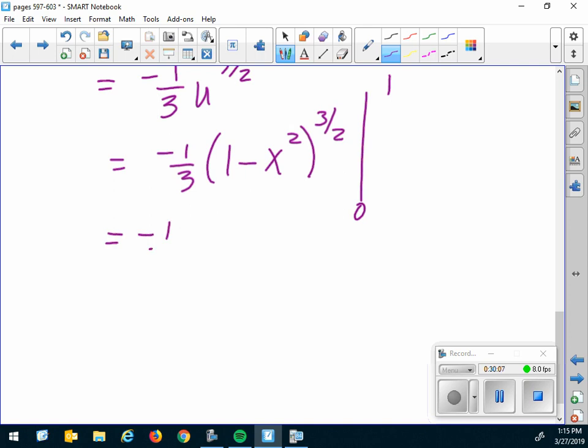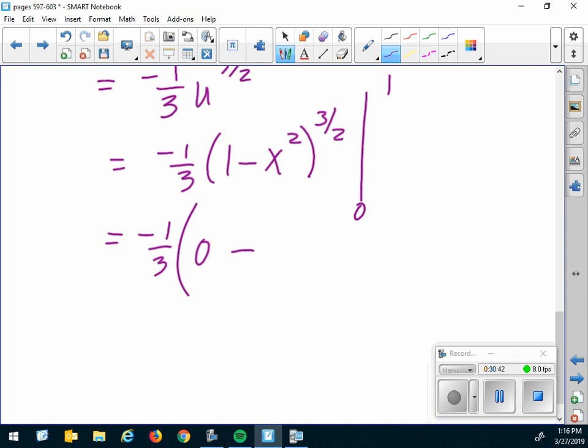So let's see what I got. I got negative 1/3 times. Now remember, I'm going to evaluate this thing at 1 minus evaluate this thing at 0. If I evaluate this at 1, 1 minus 1, 0, and 0 to the 3/2 is 0, minus, evaluated at 0, 1 minus 0 is 1, and 1 to the 3/2 power.